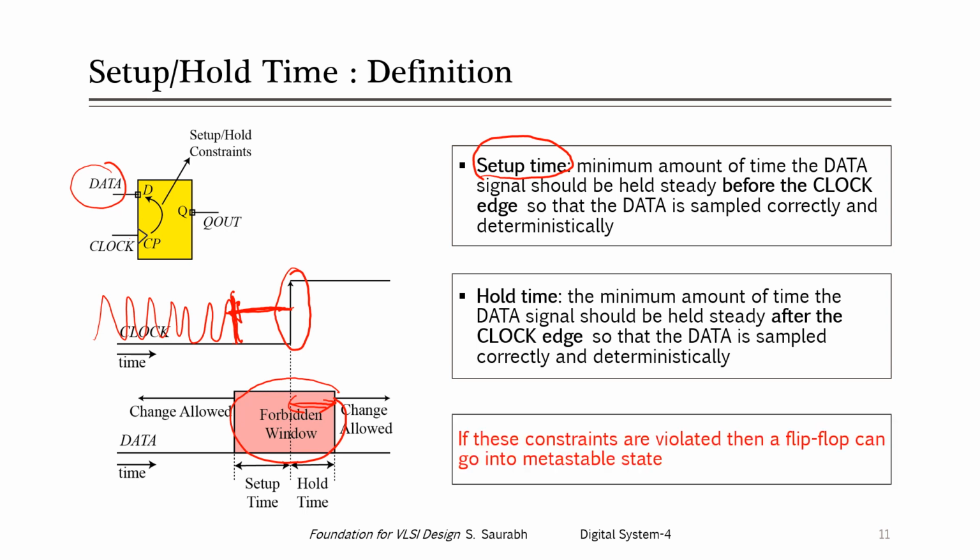If these constraints are violated, then a flip-flop can go into a metastable state. And we use various EDA tools, or electronic design automation tools, and a timing analysis method known as static timing analysis, to ensure that setup and hold time constraints are not violated for a flip-flop in a digital circuit.